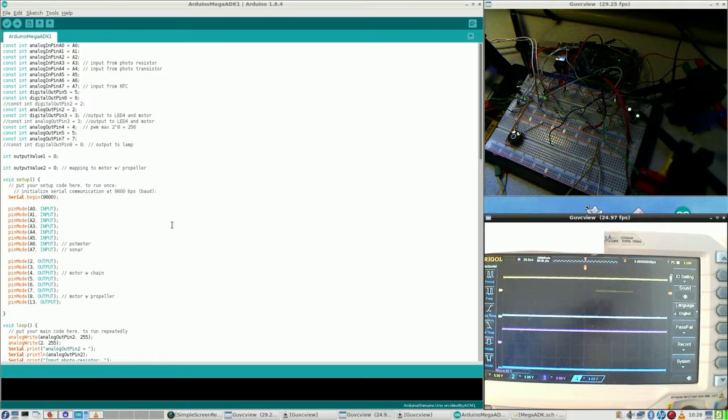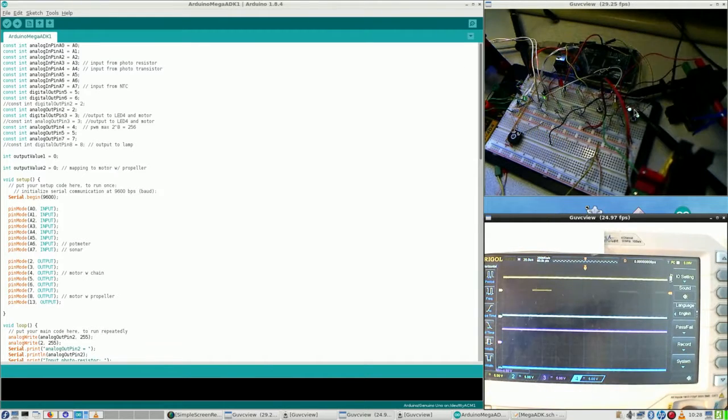So I'm not starting from absolute scratch, but what I'm starting with is out pin 2, which is actually, make a better light, which is actually this part here.